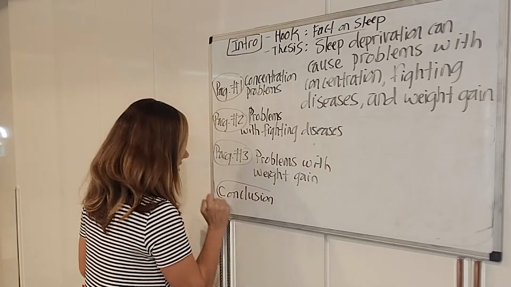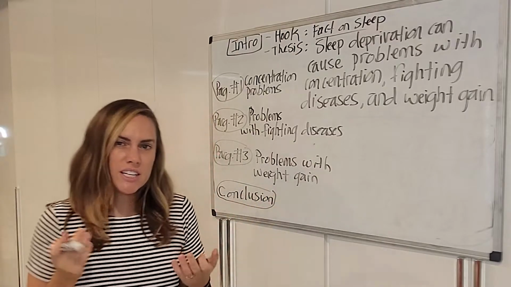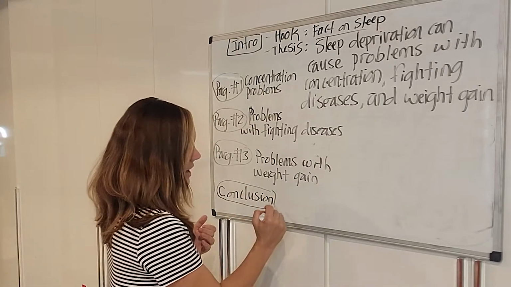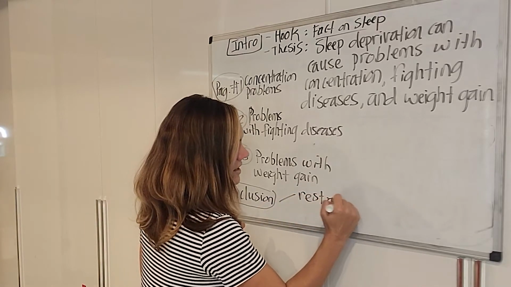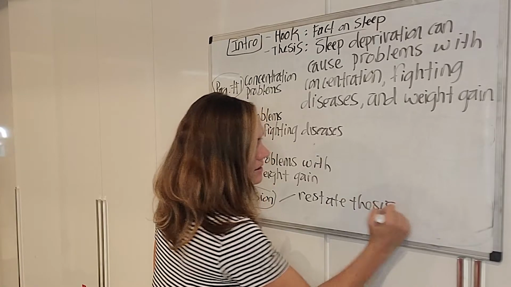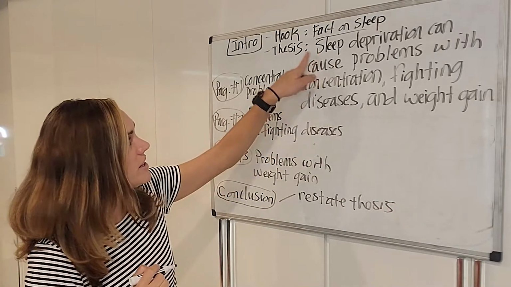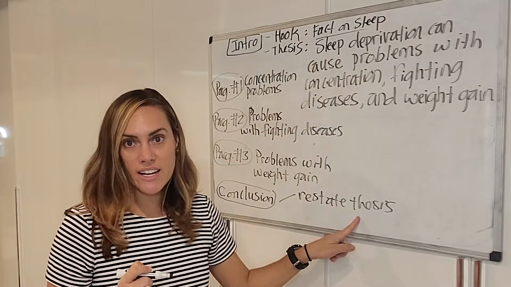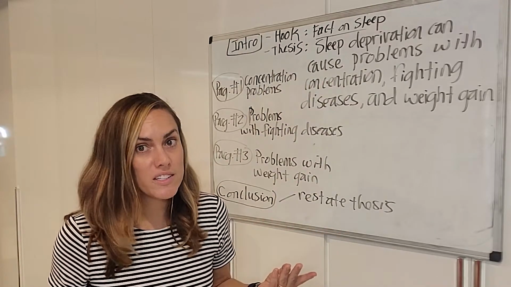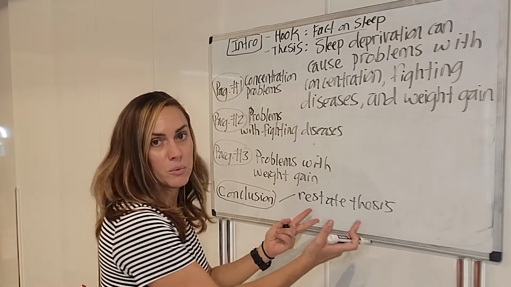Okay? And inside the conclusion, you really need two things again. Okay? So you need to restate the thesis. Okay? So look back up here. Here's my thesis. Get that idea and write it again here using different words. Same idea, different words.